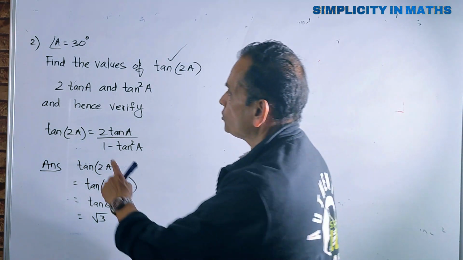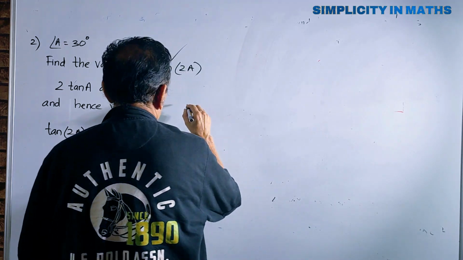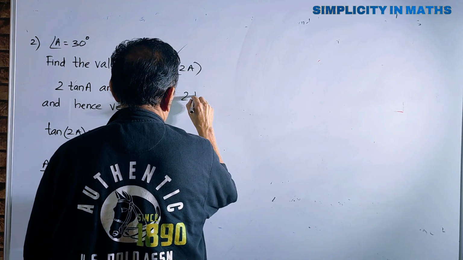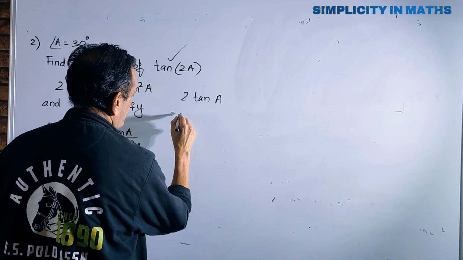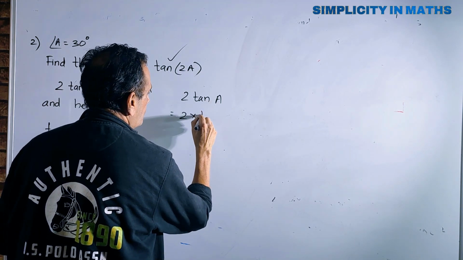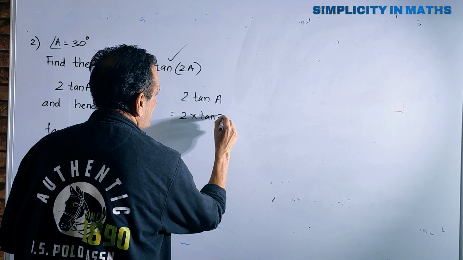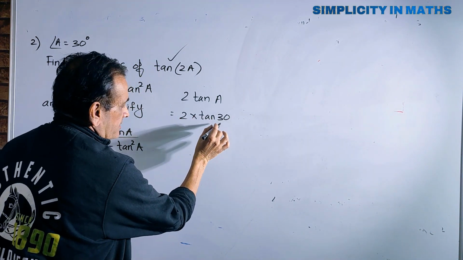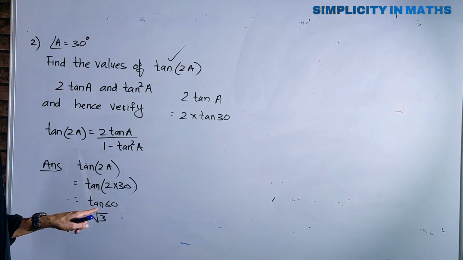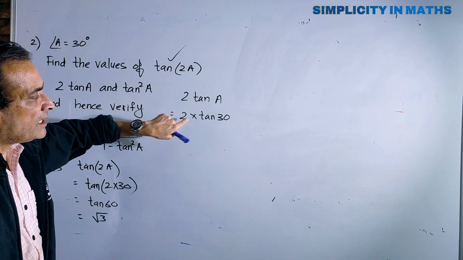Next, what is asked? 2 tan A. Two into tan 30. Now don't think it is the same as this. Since 2 is outside, we cannot take it inside.